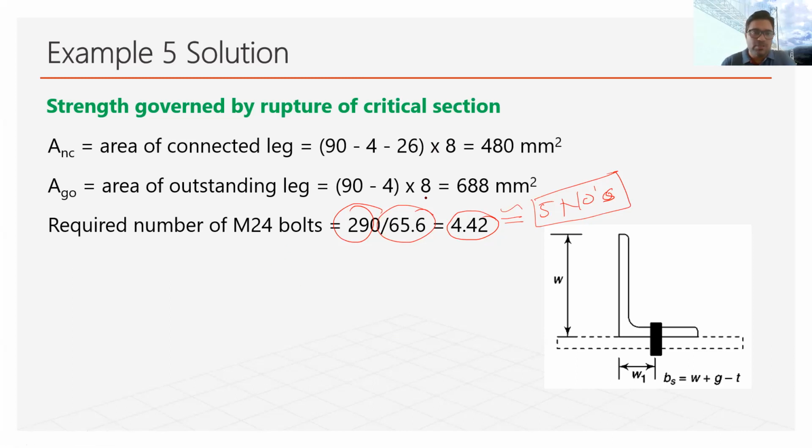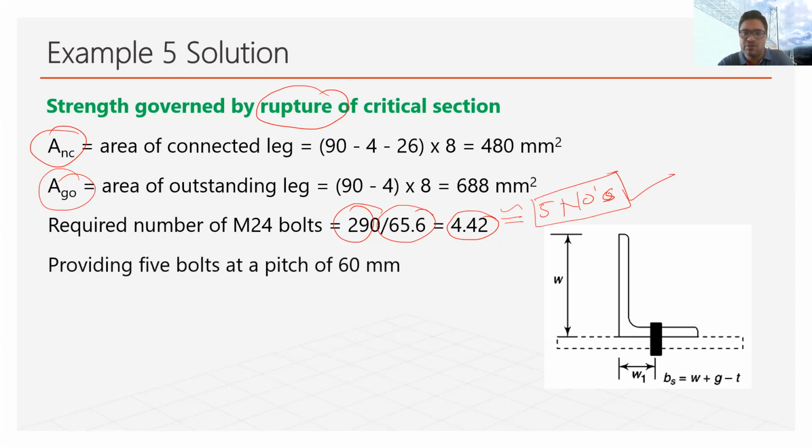Now we were talking about the rupture strength of the angle section. For the rupture strength, we have seen the formula in the previous slide. For that, we calculated ANC, we calculated AGO, we have calculated the number of bolts, and now we will find out the beta value. Also, as the number of bolts is calculated, we can find out the pitch value.